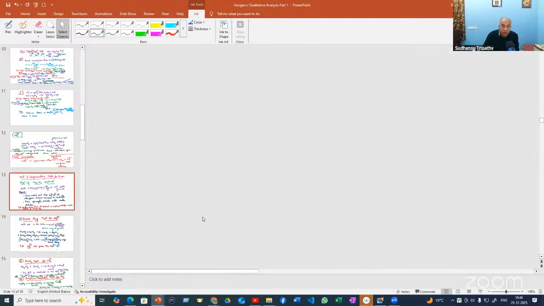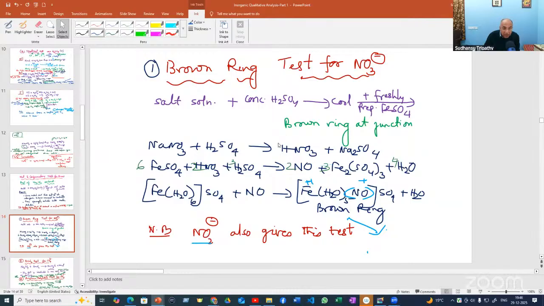Brown ring also, because the nitrite will give you this nitrous acid, that also will oxidize ferrous to ferric and itself reduced to NO, and same brown ring will be produced. So remember, not only nitrate gives, that is there in your book, but also nitrite salt gives the same brown ring test. You may ask me now, then how, if nitrite and nitrate are together, how to test nitrate?